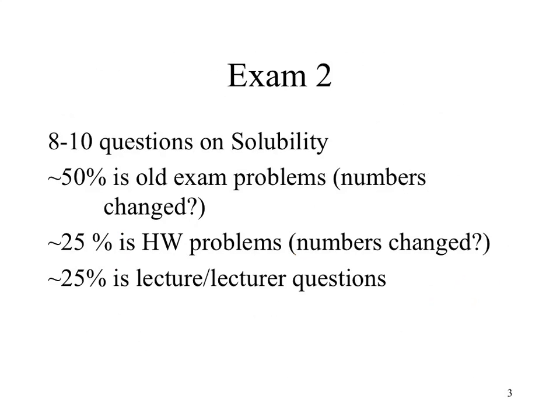I tried to make sure they overlapped fairly well. I went through both homework assignments and picked problems relatively equally between them. Again, numbers can change. The last 25% is stuff coming from lecture or stuff coming out of my head because I didn't feel I asked that question appropriately in the previous exams. So you get a rough idea of what's happening with exam 2.